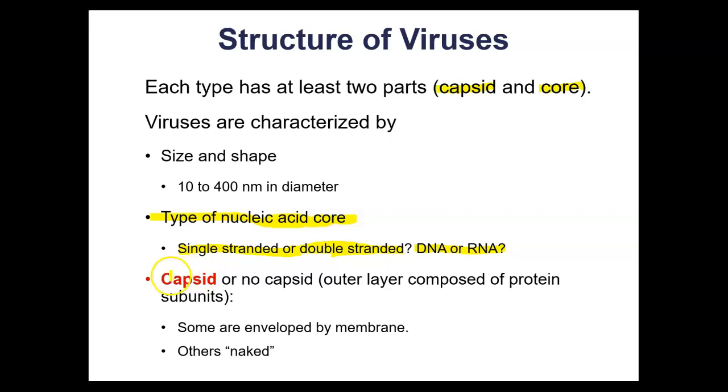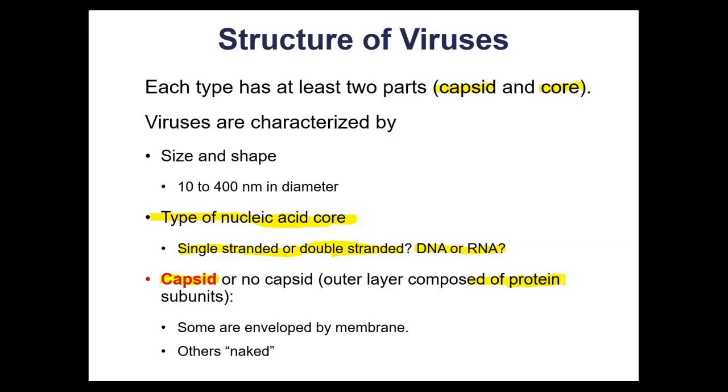The capsid, it says capsid or no capsid. That is not true. All viruses have a capsid. They don't always contain an envelope, but they all have a capsid. So a capsid is composed of protein. So you've got nucleic acid in the core, and you have a capsid that surrounds that core.